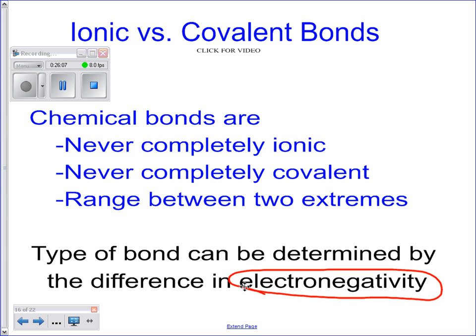And if they don't like electrons, like metals don't, they typically want to lose them, they're going to have a lower electronegativity. And based off of the difference in electronegativity, you can figure out if this bond is going to be more on the ionic side or more on the covalent side. So let me go ahead and show you what this looks like here.